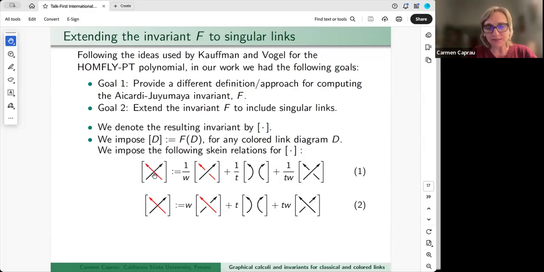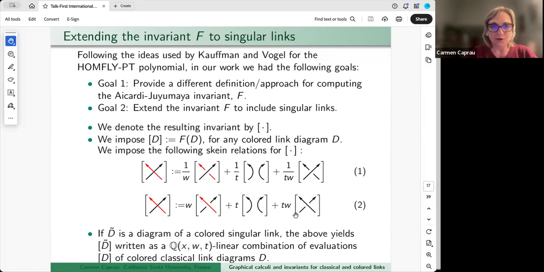You replace each singular crossing by either skein relation 1 or skein relation 2. And when you are done with that, let me mention here that I use tilde if I work with a diagram of a colored singular link, and I use D if that represents a diagram of a colored classical link.